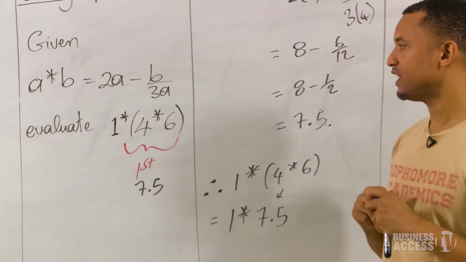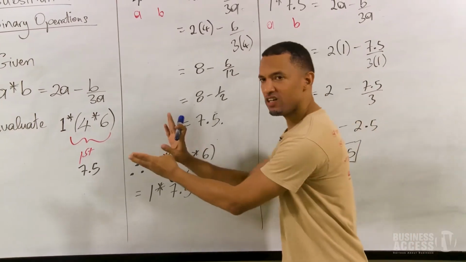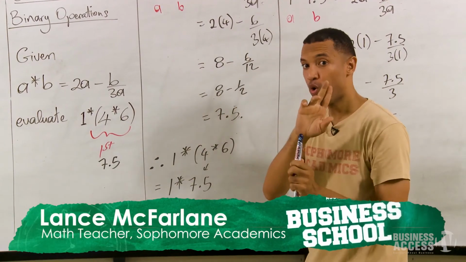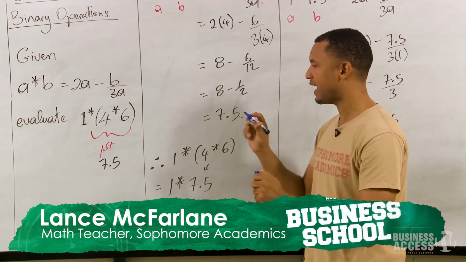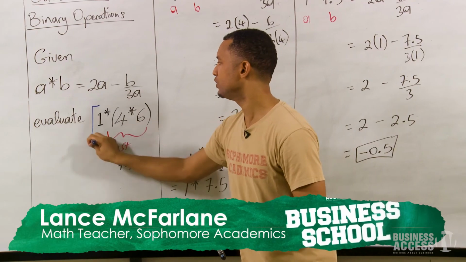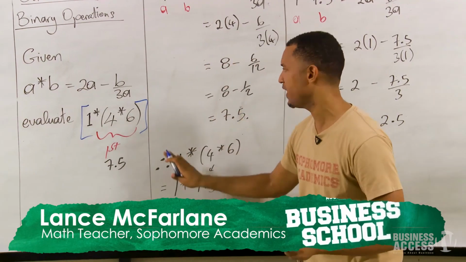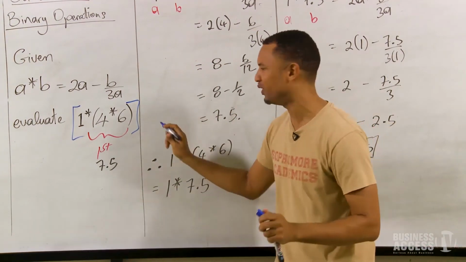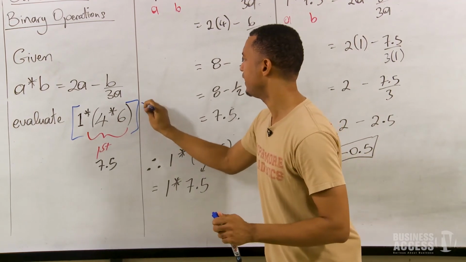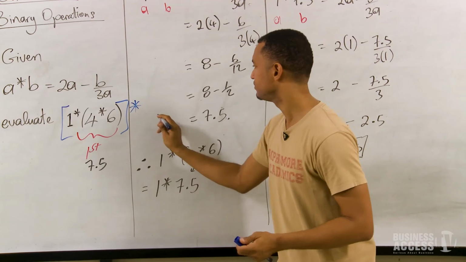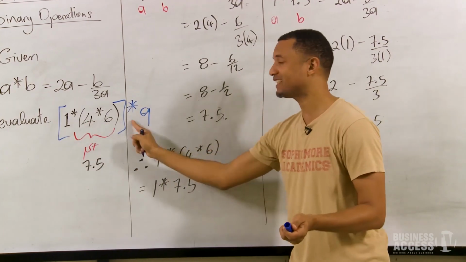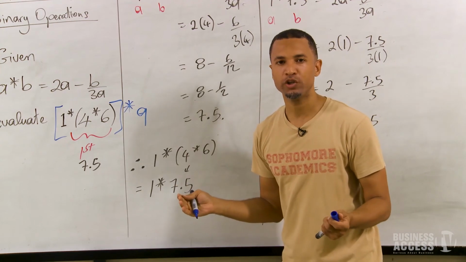So, ladies and gents, seeing that you understand brackets first, suppose at this point all of this was in a bracket. Let me just use square brackets. I know the board is getting a little bit messy, but follow me. And then at this point we had asterisk, let's say 9. So all of this, asterisk 9. What would you do?